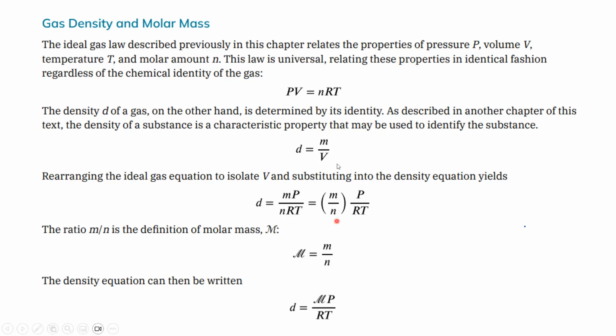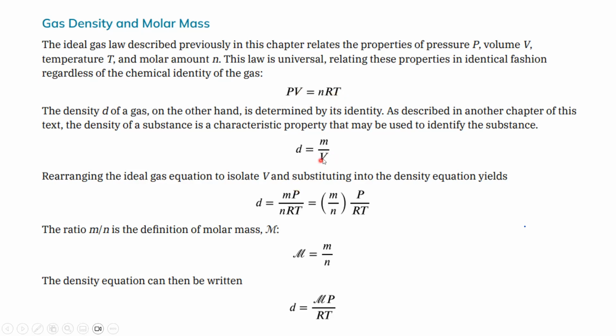So just looking at the equations here, again, regular ideal gas law at the top, and then we've got the density equation here. So what we're doing in this case is essentially solving for volume here, so dividing both sides by pressure, and then inputting that whole thing, so nRT over pressure, because we're solving for volume.